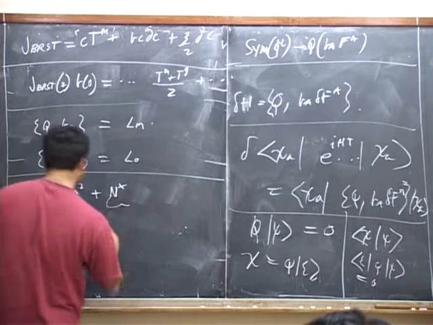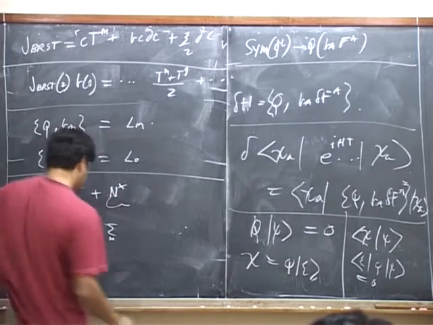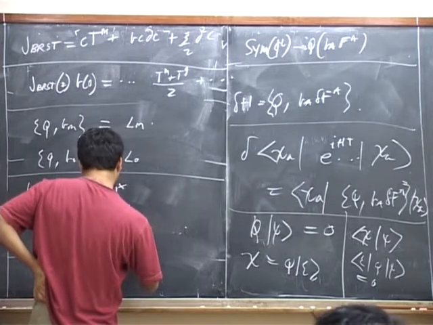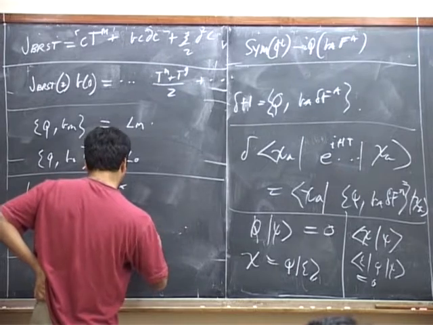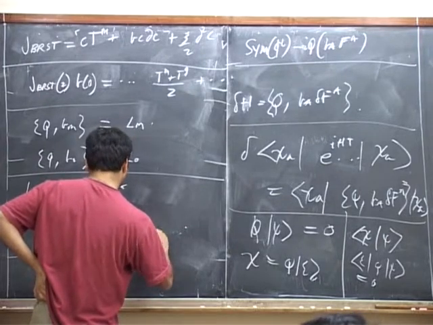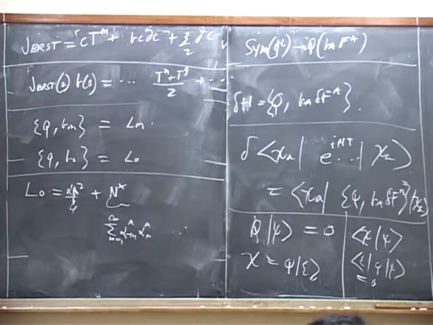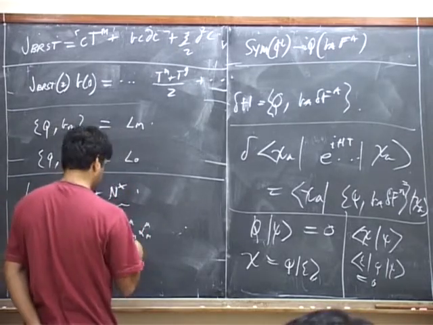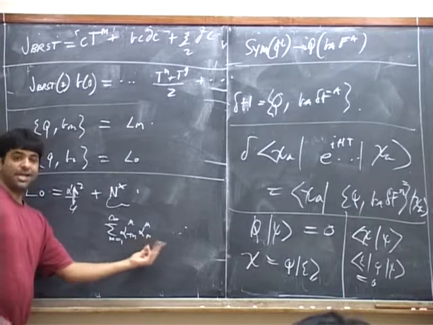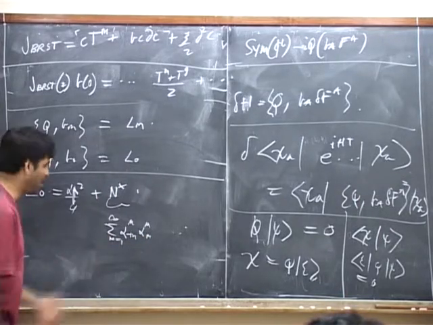So this thing was the sum over m of alpha mu minus m alpha mu m, with m from 1 to infinity, and this is for all mu. And remember that these alphas have commutation relations such that they commute to m.